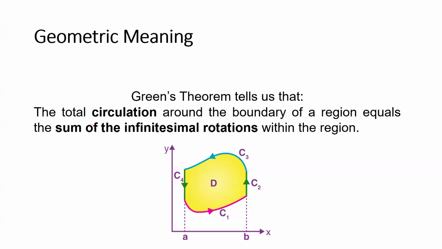This schematic shows a closed curve made of small piecewise smooth curves C1, C2, C3, C4, and so on, so the total integral can be divided into small integrals over C1, C2, C3, C4, etc.